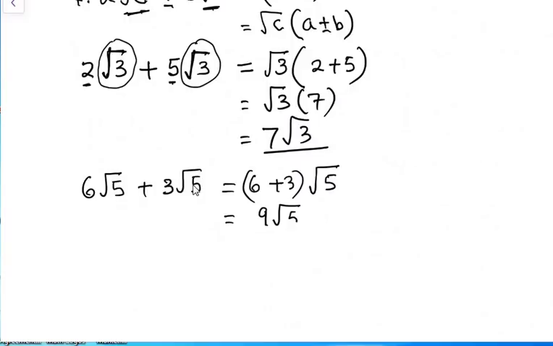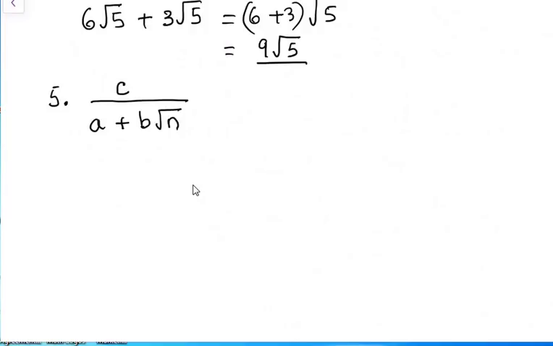Now, it gets interesting when we get to the fifth rule. Let me first explain it based on the third rule that we discussed. In this instance, we have a numerator, and we have A plus B square root of n. We need to do something about this, because in the denominator, we have an index that is staying there, and that is why we need to act to rationalize it.